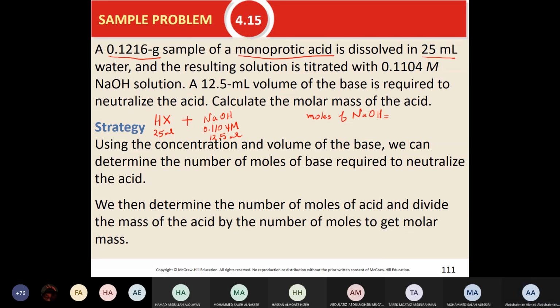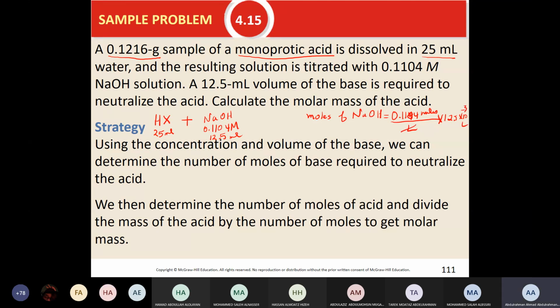Multiply the concentration with the volume in liter. 0.1104 moles per liter multiplied by what? 12.5 times 10 to the power minus 3 liter.